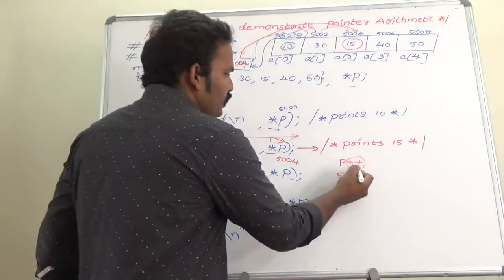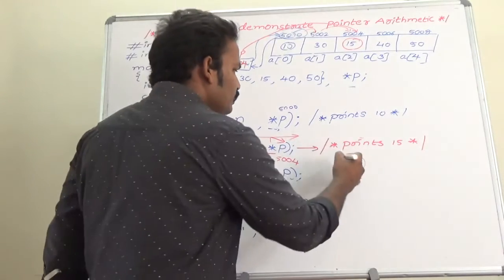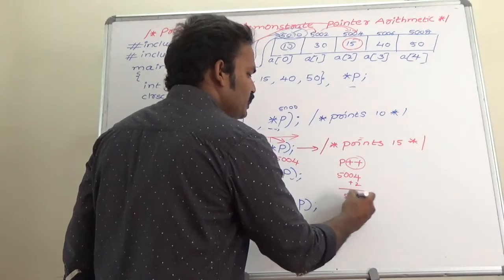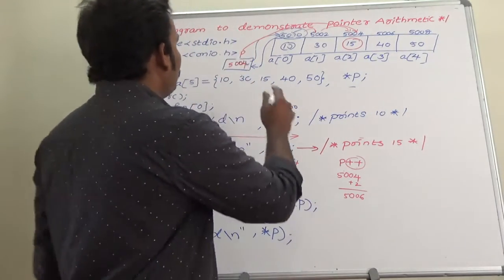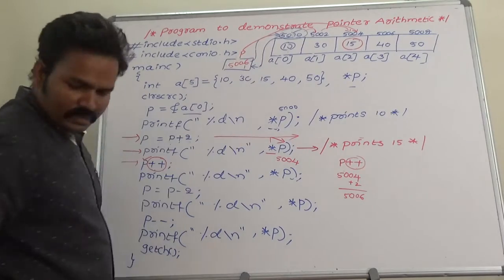So this increment operator increments 2 to the current value, 5004 plus 2, 5006. Here the p value becomes 5006.